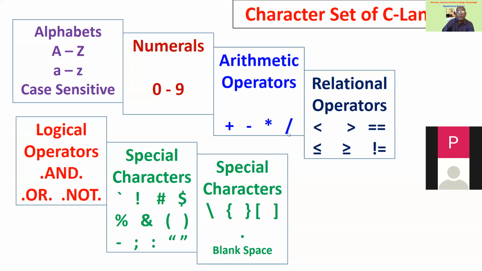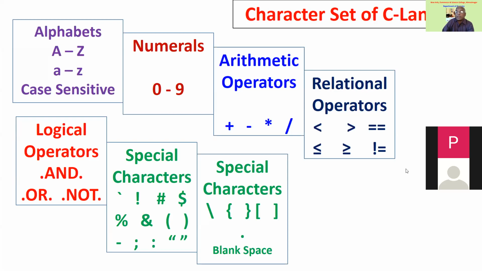Then relational operators. This is less than, this is greater than, this is less than or equal to, this is greater than or equal to, this is double equal to. Double equal means you are comparing whether A equals B, a comparison of the left side and right side. In usual language, we use a single equal to character, but in C language we are supposed to use two equal characters.